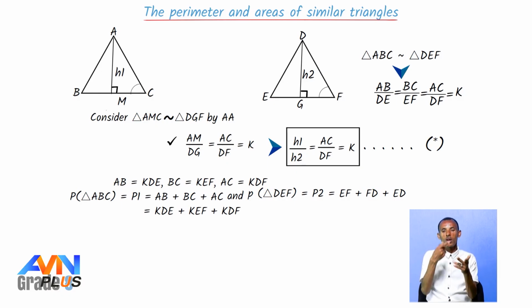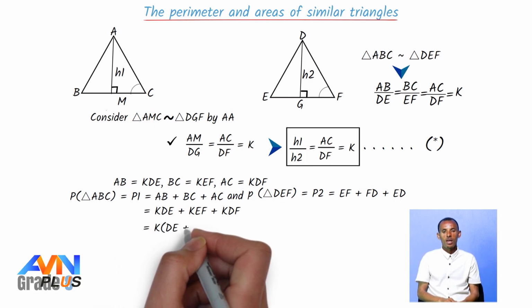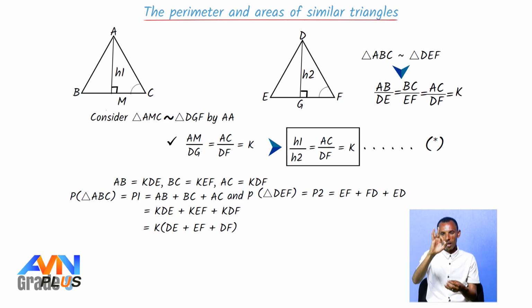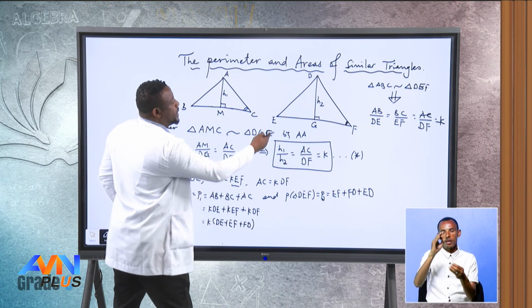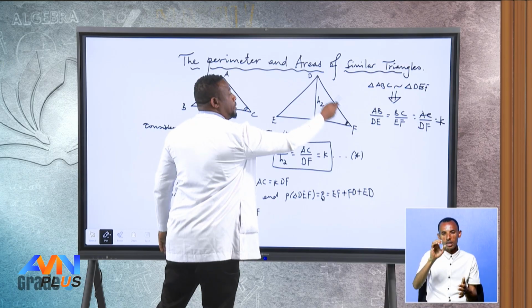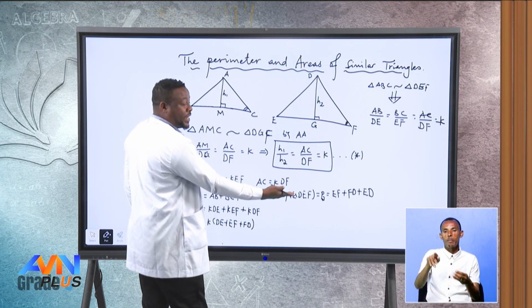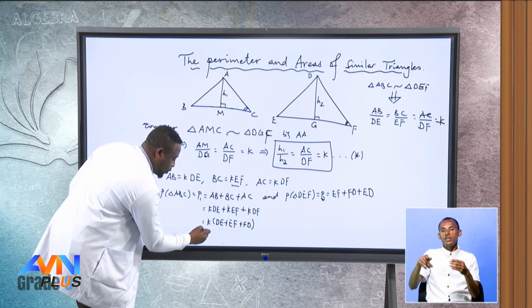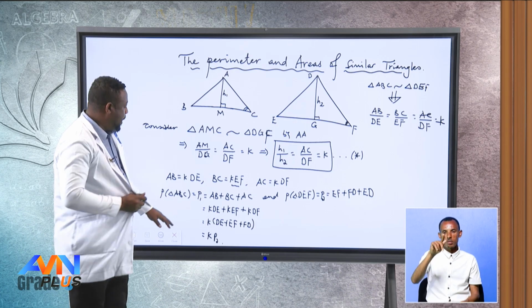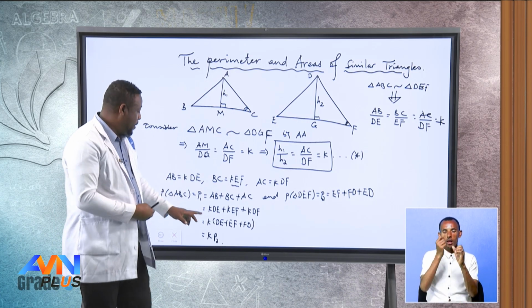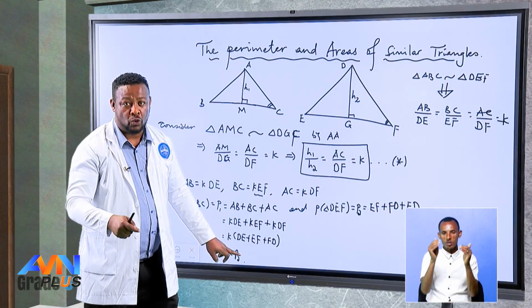Here, in all these terms, there is something common, which is K. So this means K times DE plus EF plus FD or DF, right? But DE plus EF plus FD means the perimeter of the second triangle, right? This is P2, K times P2. Now we can see that P1 is K times P2.